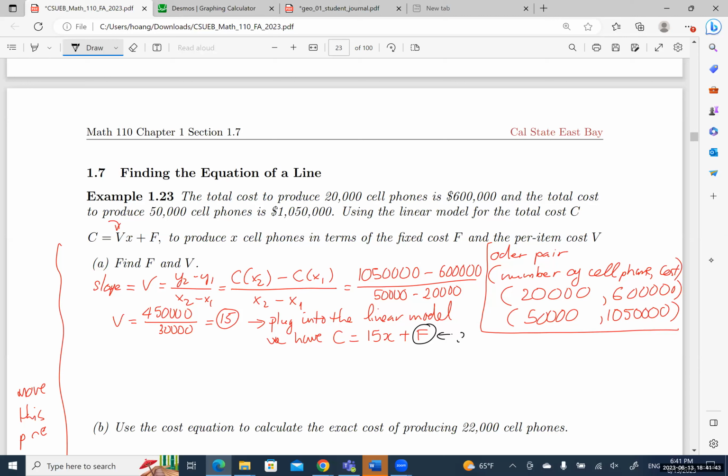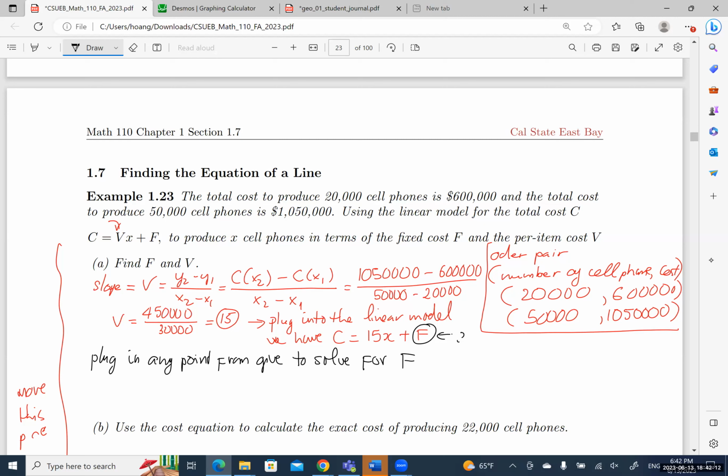Like we did before, we're going to plug in any point from the given to solve for F, right?